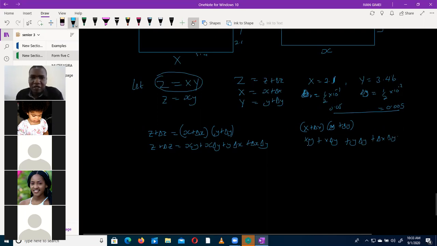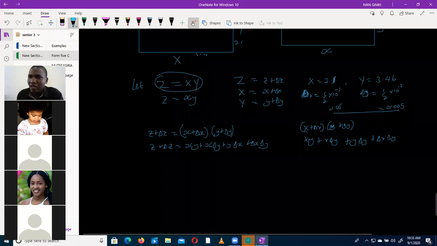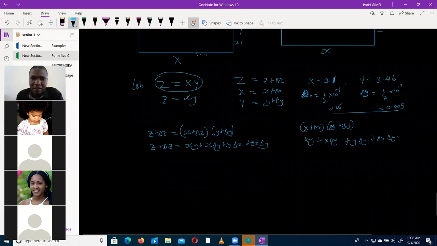Can somebody get for me this product? Let somebody with a calculator get for me x times y, 2.1 times 3.46. What do you get? Let's compute this very fast. I want to use it just to explain something here. Let people compute different parts so that we save time. X times y, what does it give?